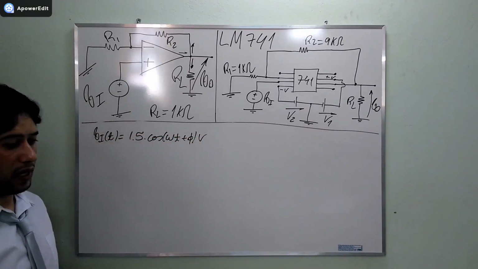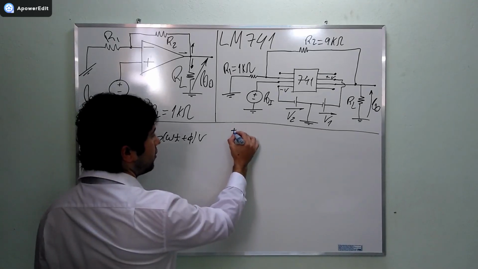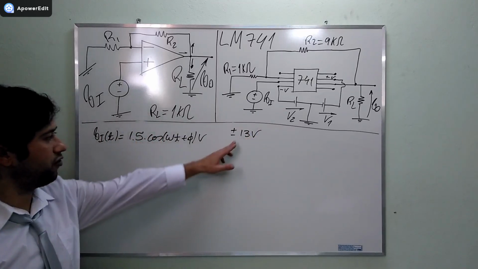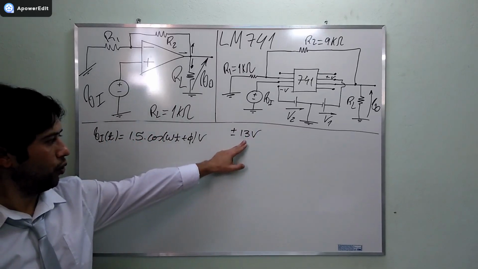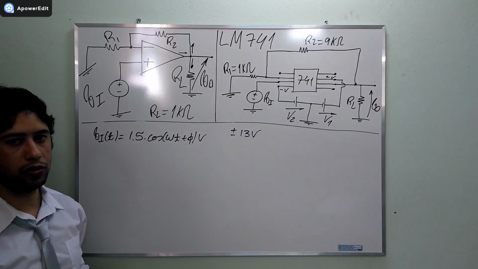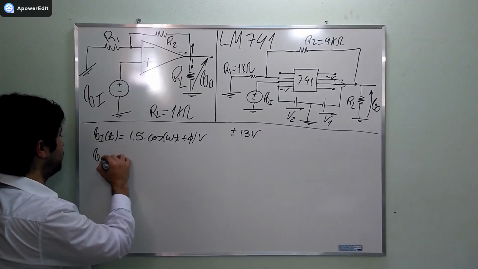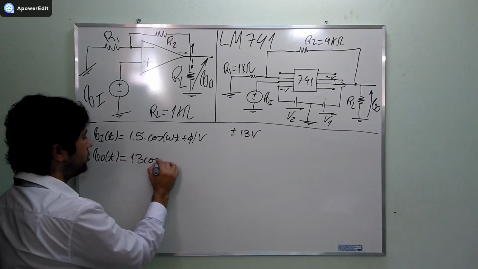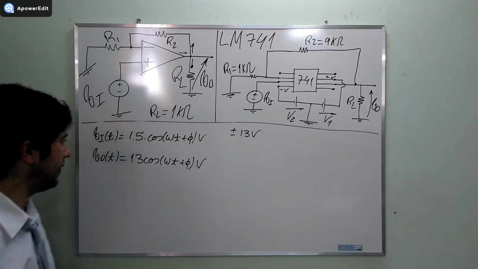In the data sheet of the device, it's written that it's going to saturate at plus minus 13 volts. Then the gain will not be 10 volts per volt. We are going to saturate here, so the output voltage will be equal to 13 cosine Wt plus phi volts.